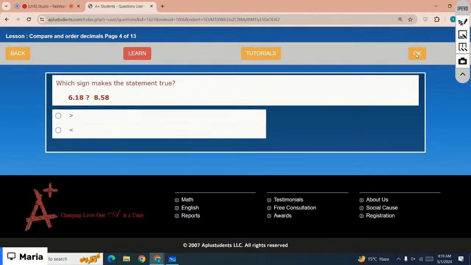The correct option is 6.18 is less than 8.58. Option number 2 is the correct option.